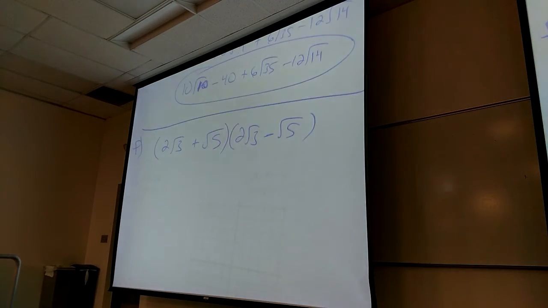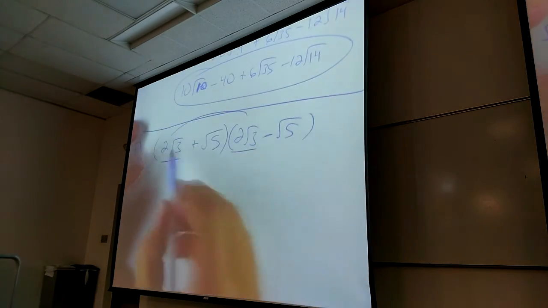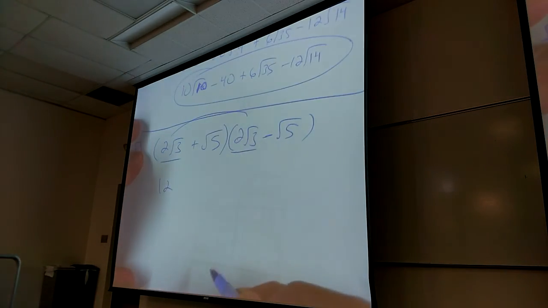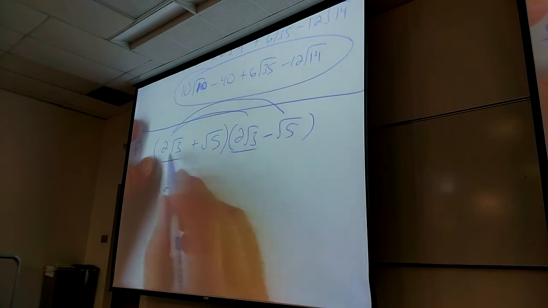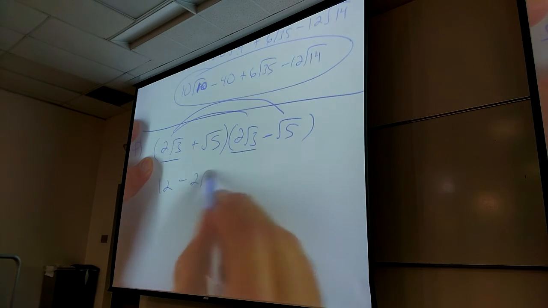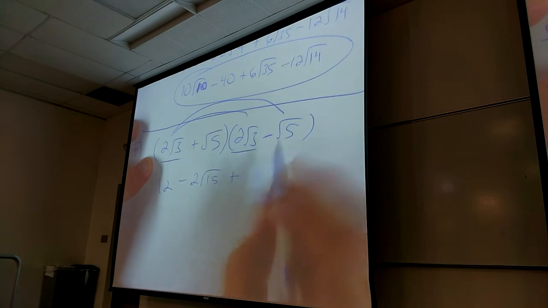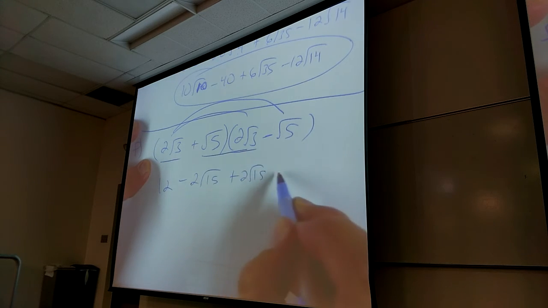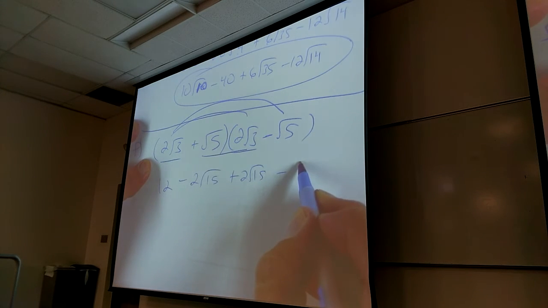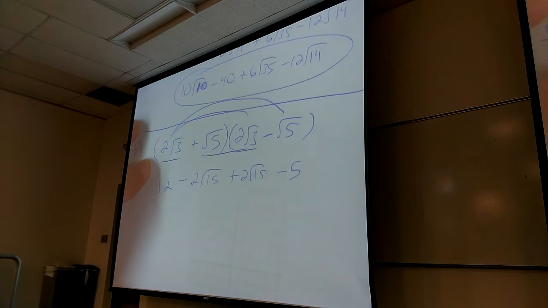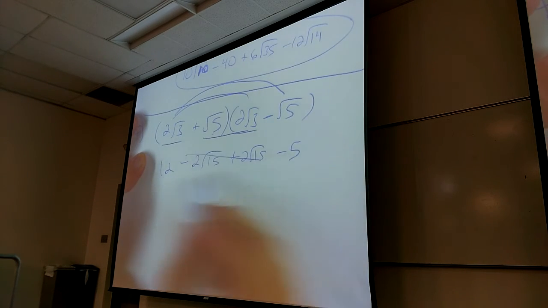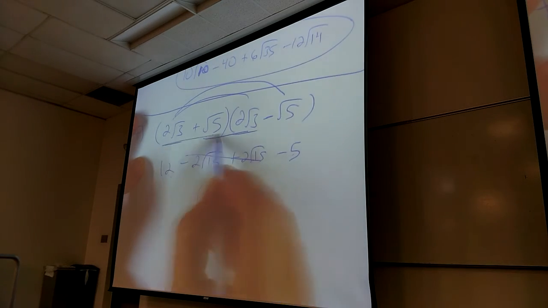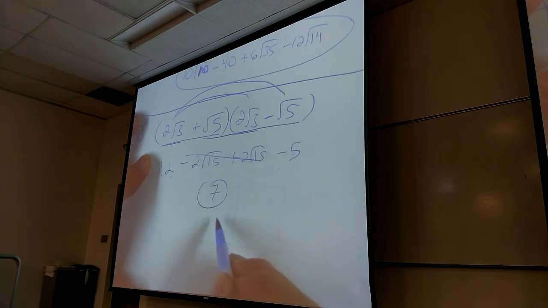4 times 3 is 12. And then here I get minus 2 rad 15, plus 2 rad 15, minus 27, root 25, okay, 5. Rad 5 times rad 5 is 5. So what happens in the middle? 0. And 12 minus 5 is 7. Holy cow, that ugly number times that ugly number is 7.